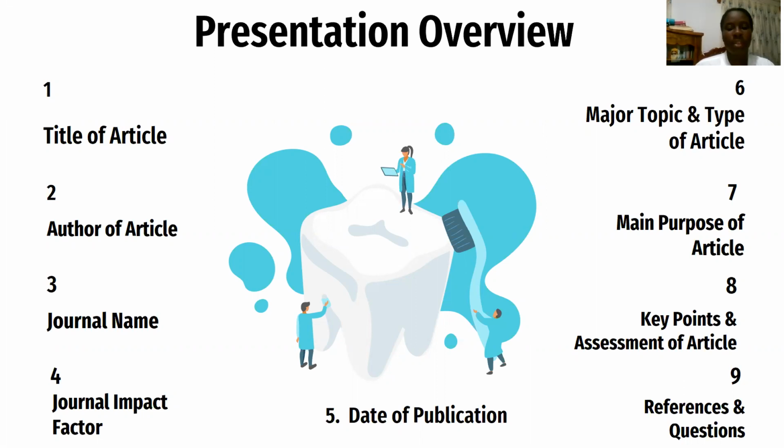The date that the article is published will be mentioned, the major topic that the article addresses, as well as the type of article, the main purpose of the article, the key points presented in the article, and an assessment of the article will be done. Lastly, references and questions will also be mentioned or stated.